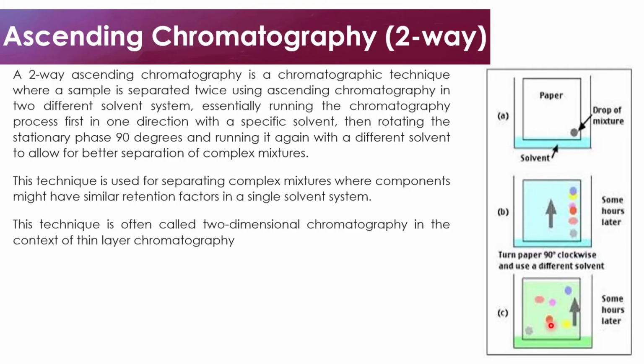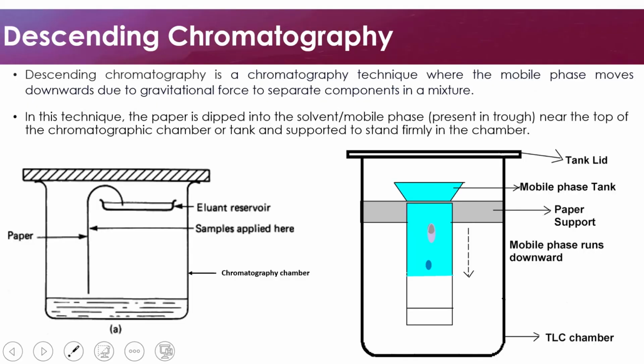Now the second and the third components, which I would say are impure, will also be separated over here nicely, and the fourth and the fifth components will also be separated here nicely. So this is how a two-way ascending chromatography is done in the laboratory.